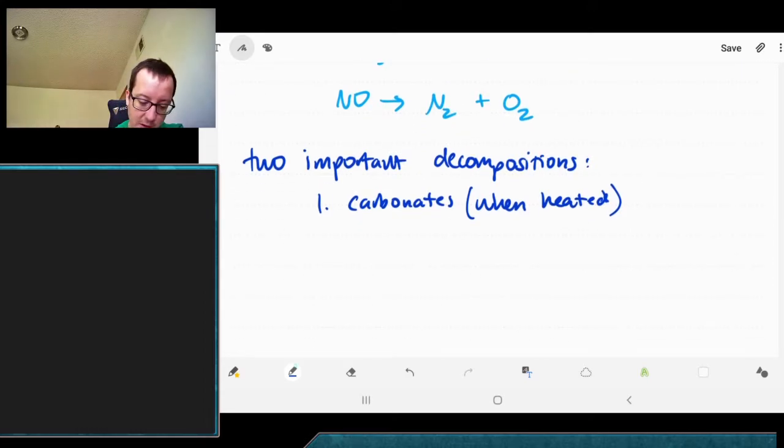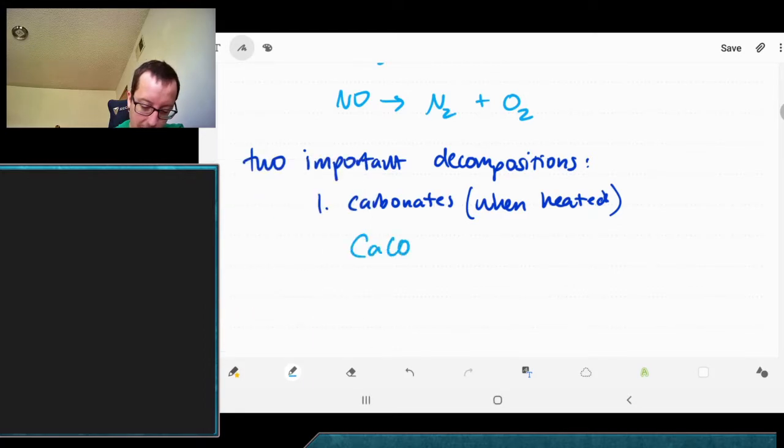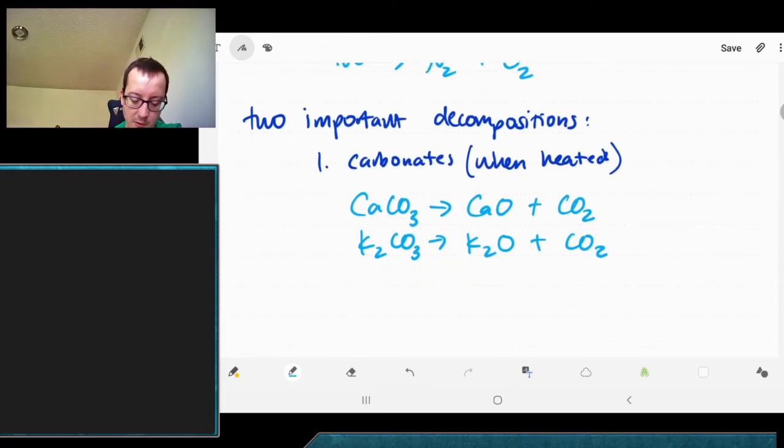So, for example, we just saw if we heat up calcium carbonate, it turns into calcium oxide plus carbon dioxide. We're going to see that the same thing will happen if we do that with other carbonates. What else shall we try?